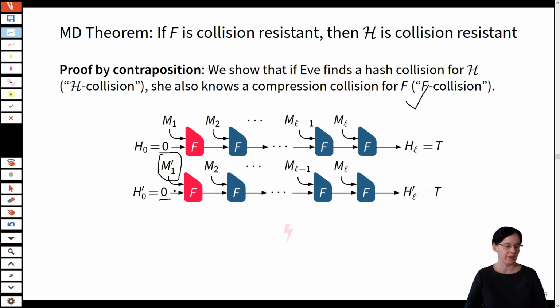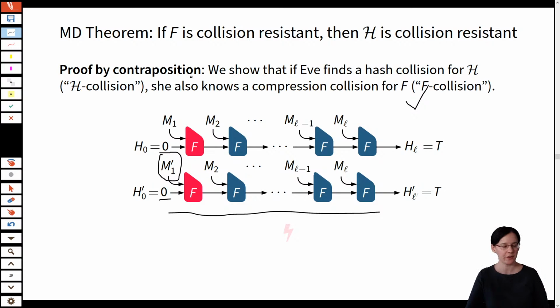Now we have a bit of a conflict, because now we have the situation that either the two message blocks were different, in which case we're done, or they were identical, but in that case, the entire message must have been identical, and the input here was also identical, which is a contradiction to our initial assumption. So this way we have shown that if we assume that the adversary has a hash collision, then either there is at least one compression function for which they've also found a collision, or we have a contradictory situation.